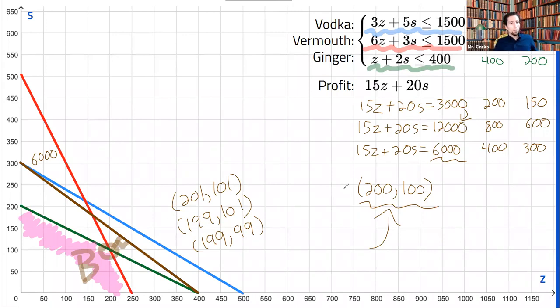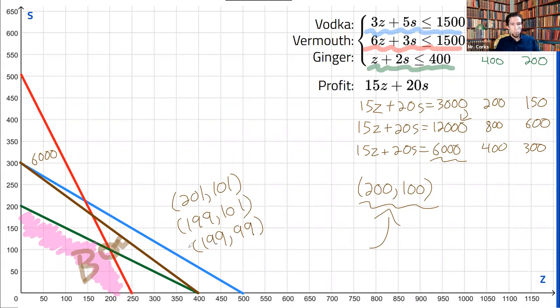So if this were just lines, then what we could do is take these points and substitute them into the 2 inequalities we have and see if it lies on both of them. But these are inequalities. They're not lines.